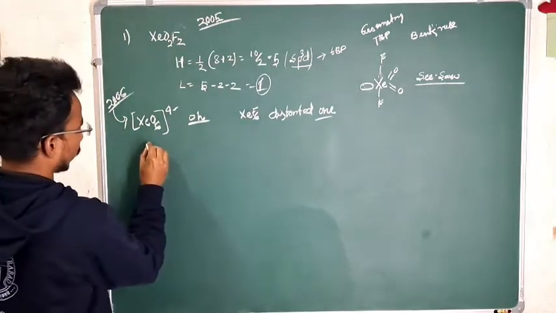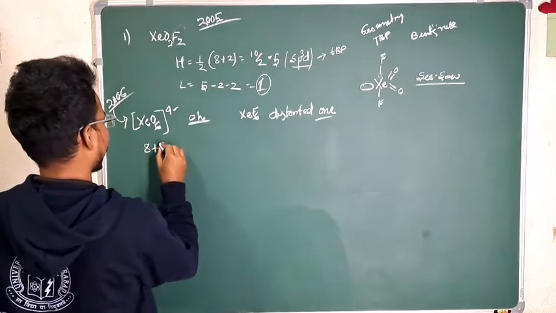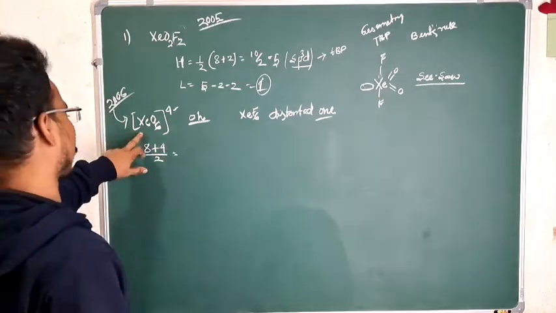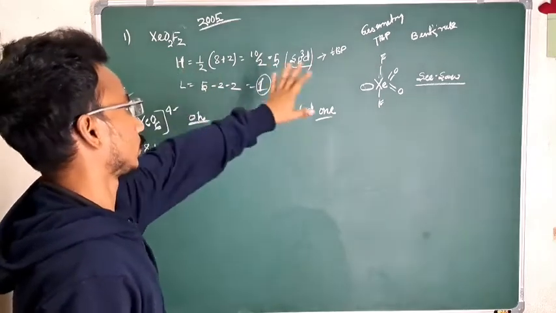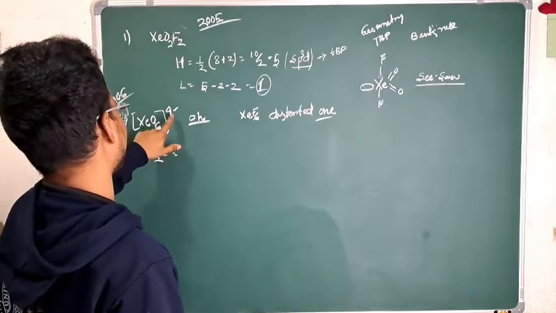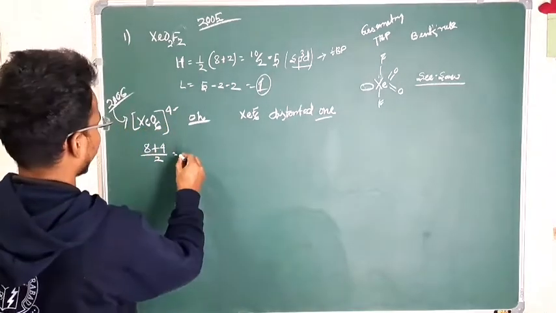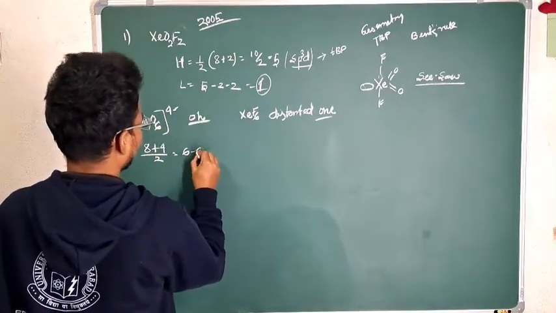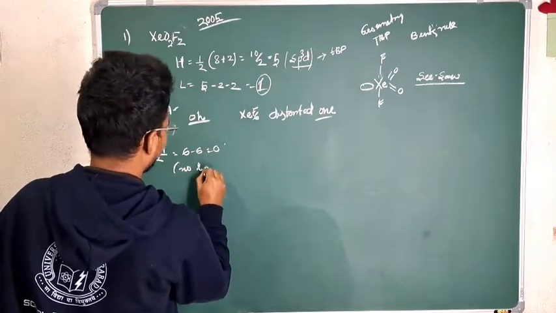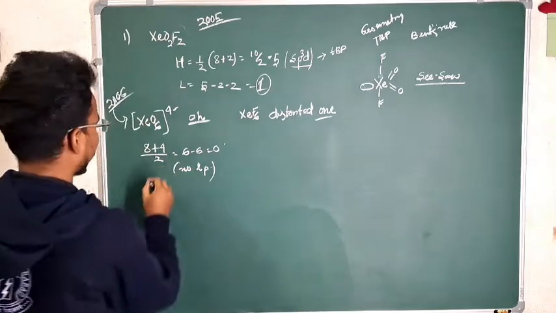So let's talk about the hybridization. I am calculating it directly, not doing this much calculation. See, 8 plus 4 minus, by 2 means 6, and 6 minus 6 equals 0. No lone pairs. So it is perfectly octahedral.